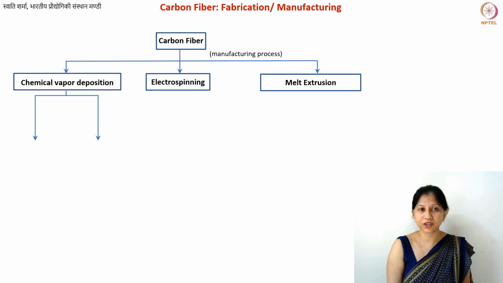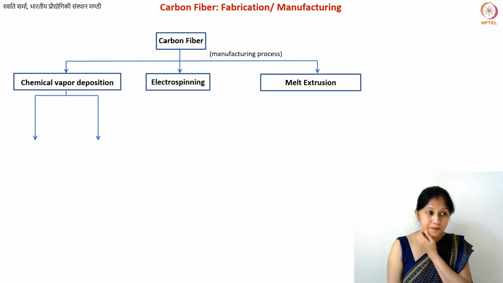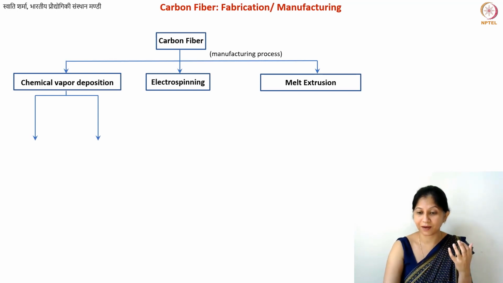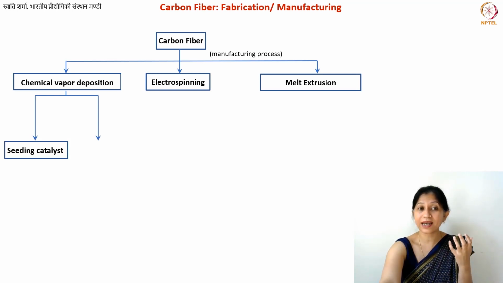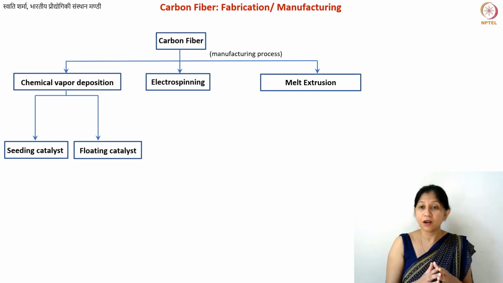Okay, so let's first talk about the CVD. Based on how it is performed, you can further classify the process itself. One is what is known as the seeding catalyst method, and the other one is the floating catalyst method.